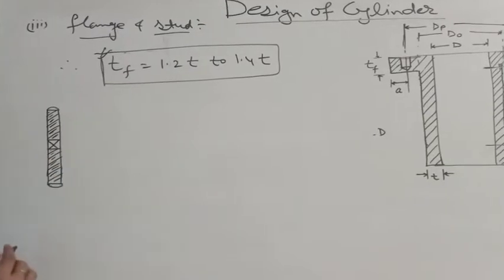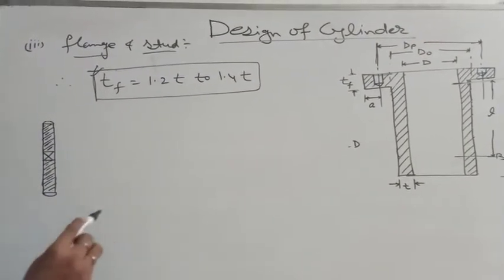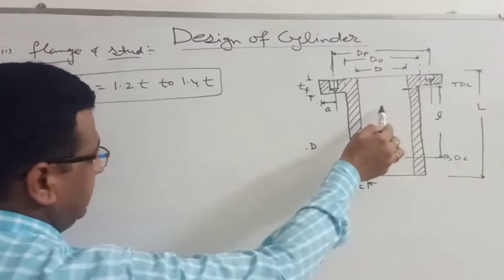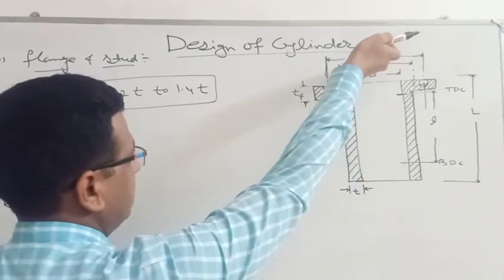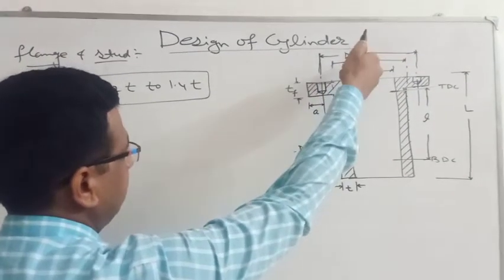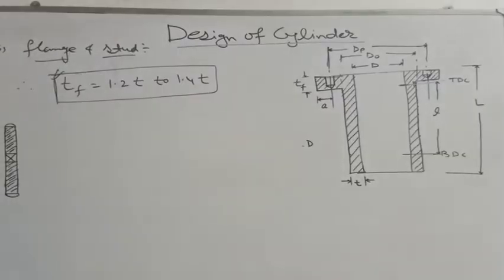If we want to design this stud, then we know that if pressure is created in this cylinder, then due to the pressure it will exert a force, and due to this force, if the cover is there, then a tensile stress is generated in the stud portions.